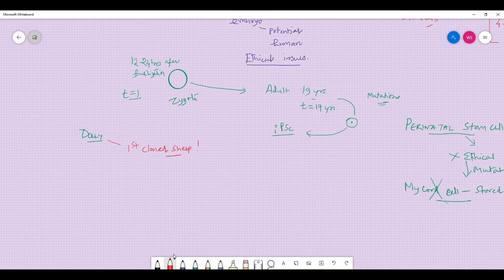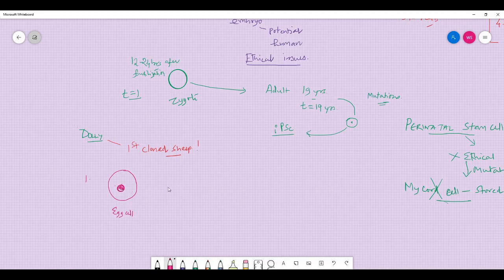So how did they clone? We're going to learn the steps of cloning. What's the first step that they did? They took an egg cell. This egg cell has got a nucleus.